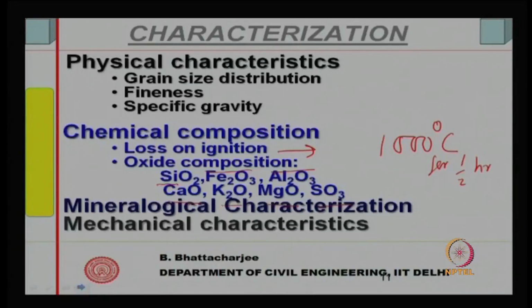Then of course, mechanical characteristics, which are most important: how much strength potential they have with cement, let us say, or with lime. We will look into some of them.